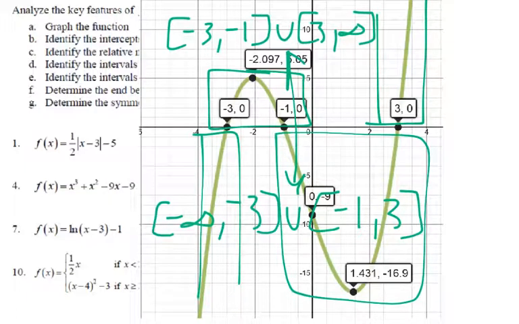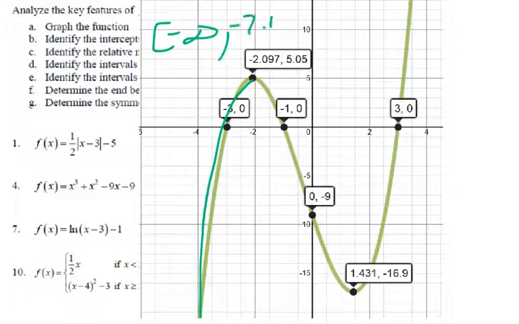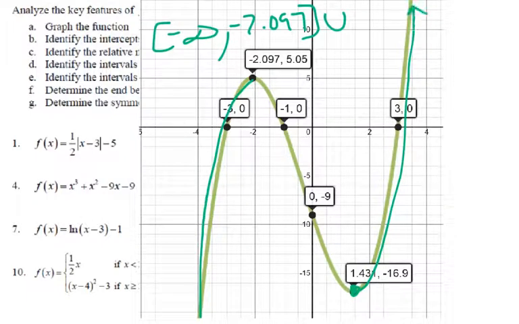The last one, increasing and decreasing. Well, it increases right here, so from negative infinity to negative 2.097. And then it jumps down here and starts increasing again, so from 1.43 to positive infinity.